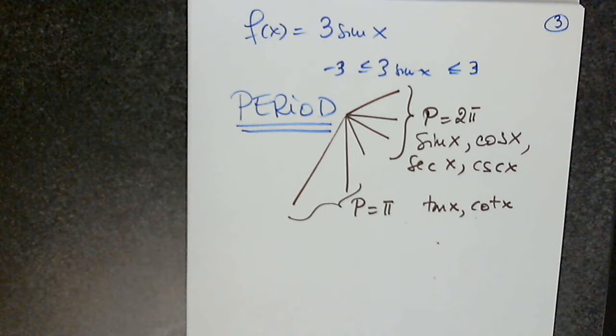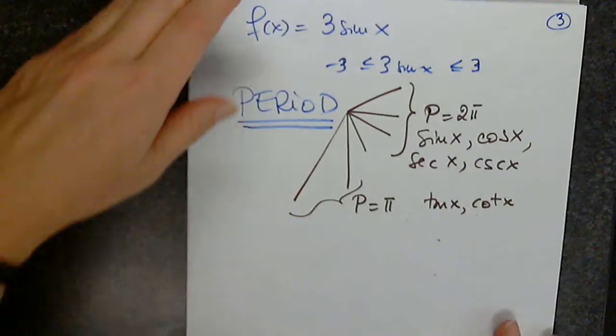That's what it means. Tangent and cotangent, they repeat themselves between 0 and pi. Actually, one of them between negative pi and pi, negative pi over 2 and pi over 2, but we'll talk about it in a minute. But between 0 and pi, I have everything. Between pi and 2 pi, I have everything. Between 2 pi and 3 pi, I have everything. That's all it means.